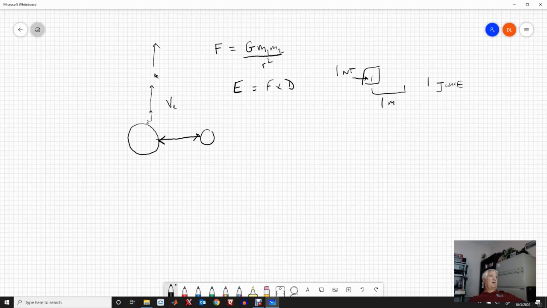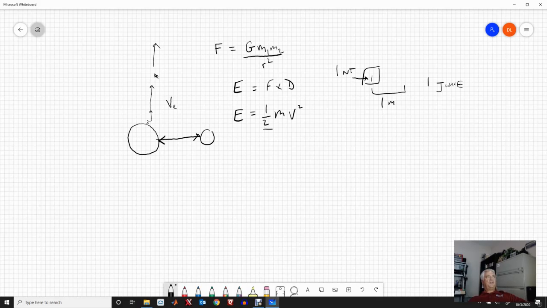So having that definition, we're going to use energy as sort of an intermediate way to compute this escape velocity. How? Because we know one other thing about how we can compute energy. The energy of a moving object is equal to 1/2 times the mass of the object times the velocity squared.